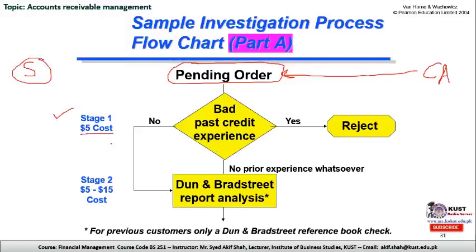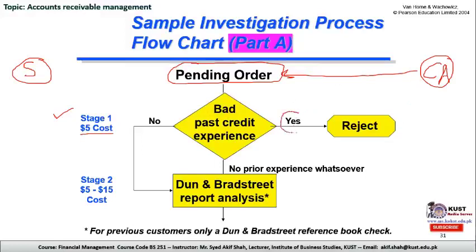In this stage, first of all, the supplier will look at any bad past credit experience with this particular credit applicant. If in the past this credit applicant was not dealing fairly with the supplier or with the company, then his order will be rejected.